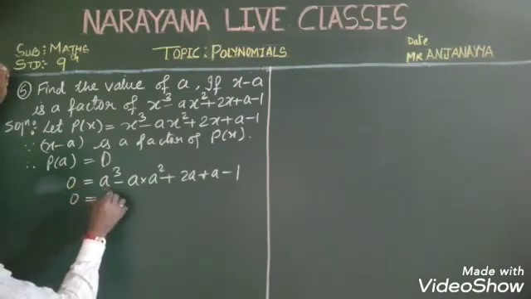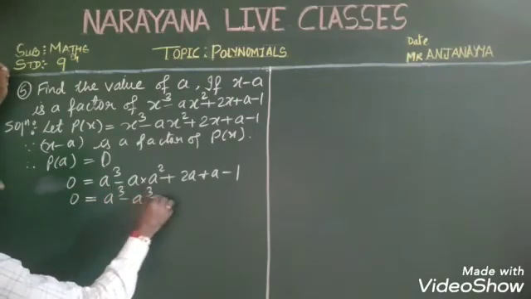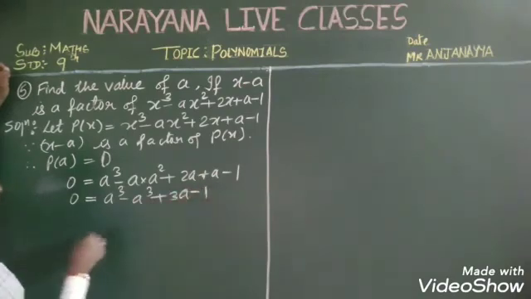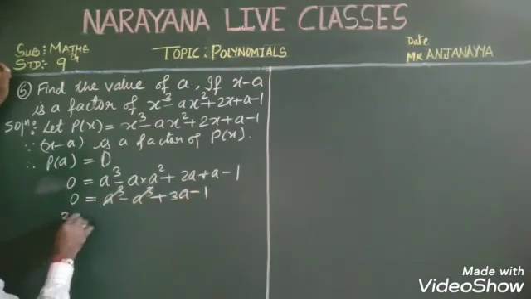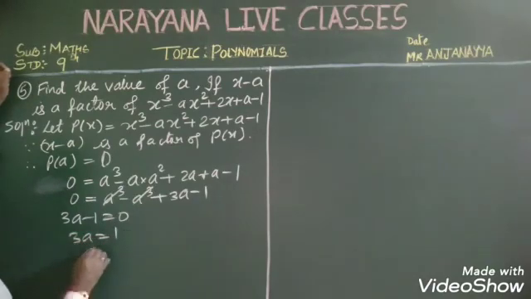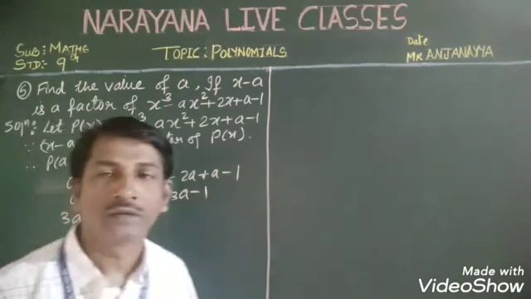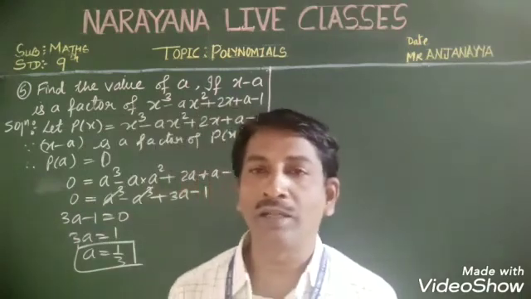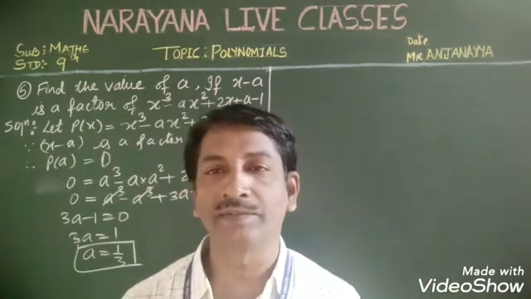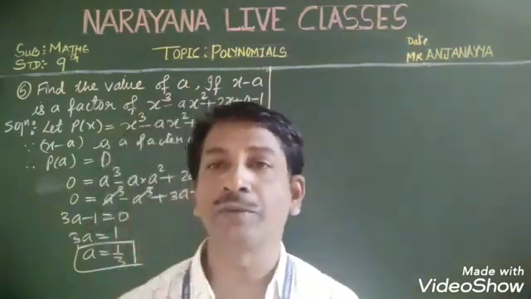So 0 is equal to a cube minus a cube plus 3a minus 1. This gets cancelled out. So what we get? 3a minus 1 is equal to 0, so 3a is equal to 1. So a is equal to 1 by 3 is your final answer for a. I hope all the questions are clear now. Thank you. See you next time.